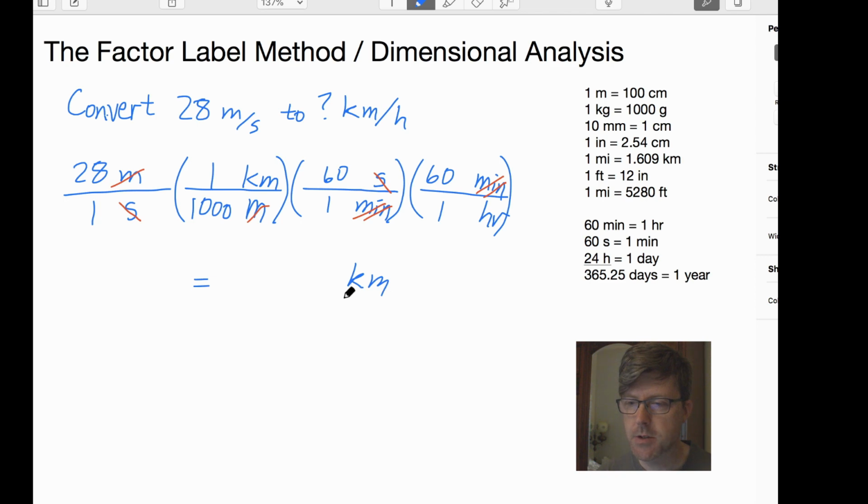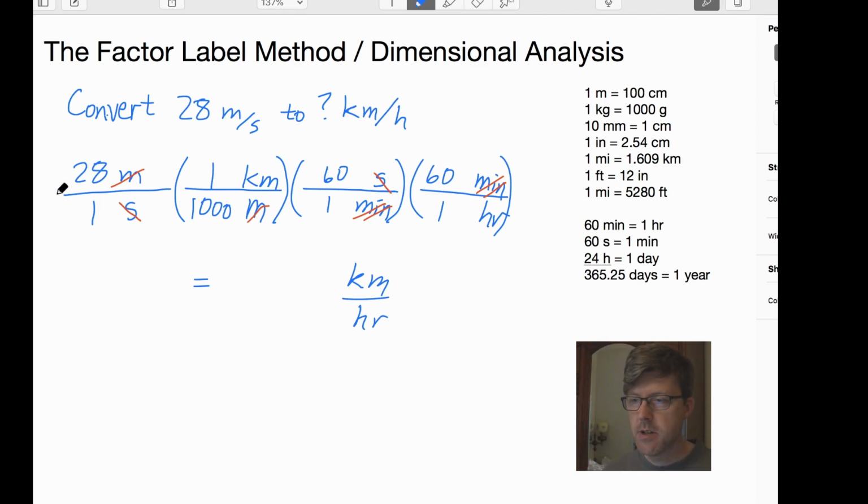So here's my answer, kilometers per hour. Now is a good time to pause your video and pick up your calculator if you don't have one already. Pause the video, get a calculator, do this calculation, and then see what you get. Make sure it's the same thing that I get. All right, if you're not sure how to do this calculation, just follow along with me.